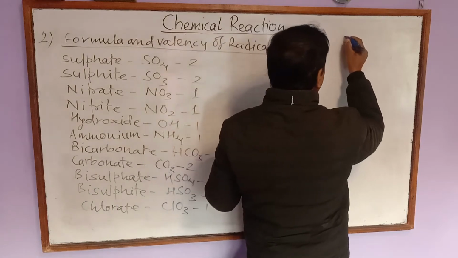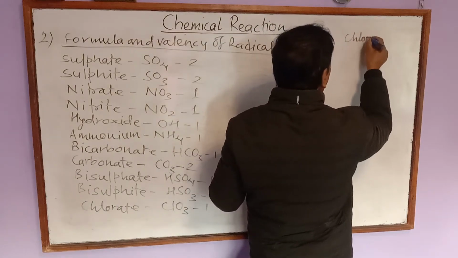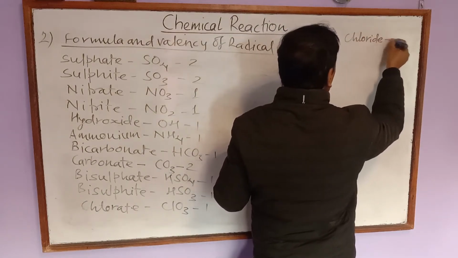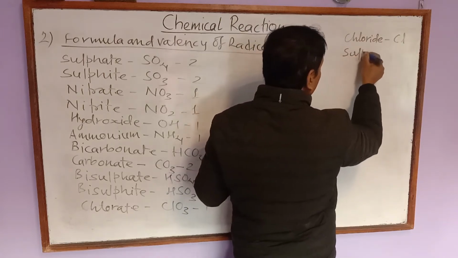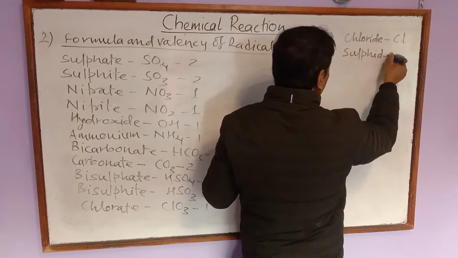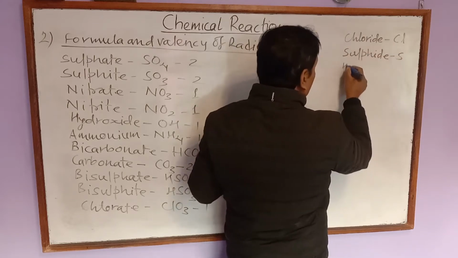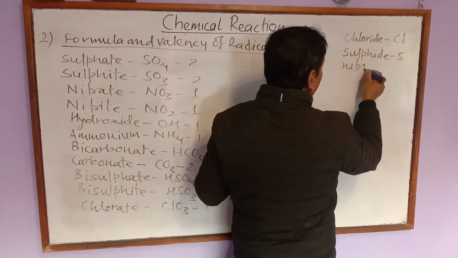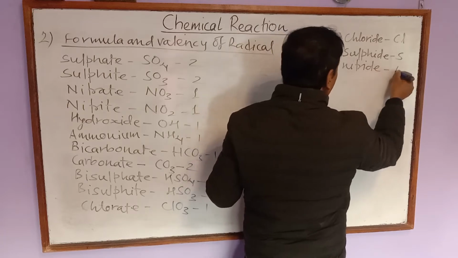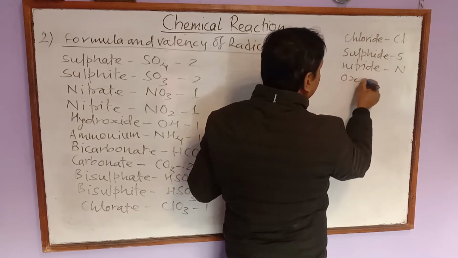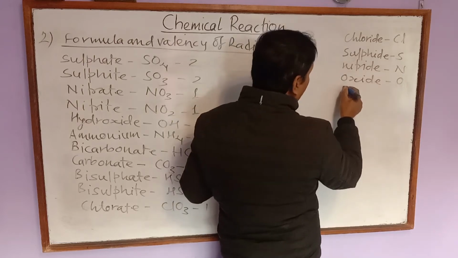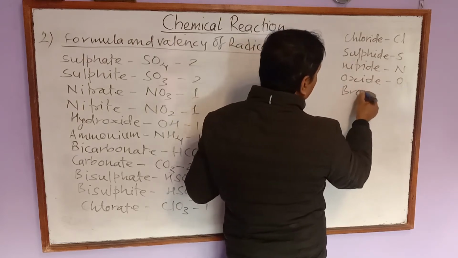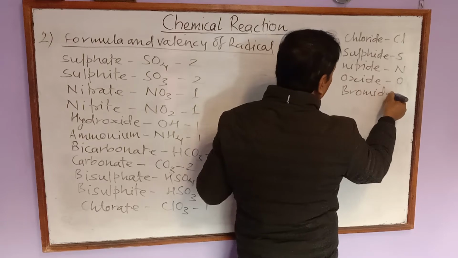If someone says chloride, you have to remember that this is chlorine. Sulfide, sulfur. Nitride means nitrogen. Oxide means oxygen. Bromide, bromine.